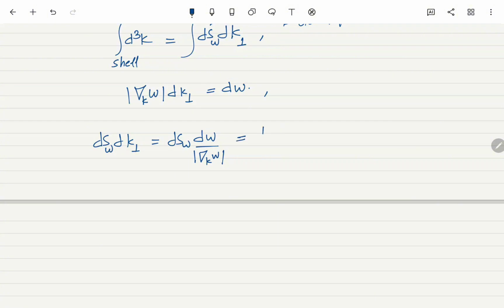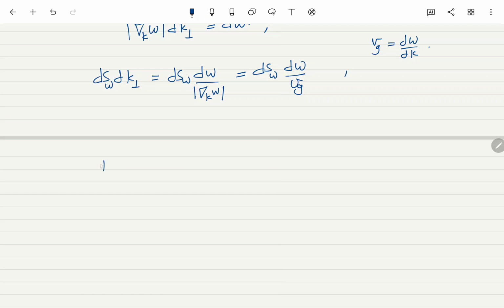or dS omega d omega over the gradient of omega. And remember, gradient of omega is actually group velocity, just a quick reminder, equal to d omega by dk. From the above definitions, D of omega, the density of states, is equal to L over 2 pi cube integration dS omega over group velocity d omega.